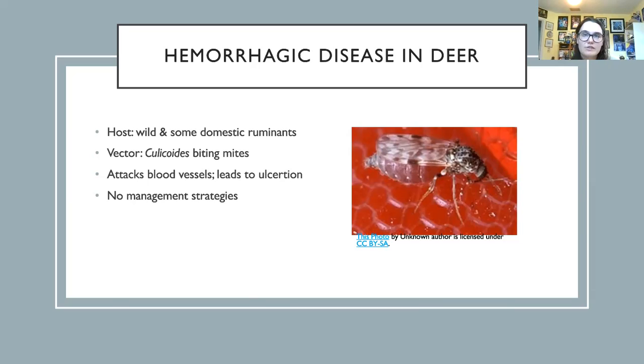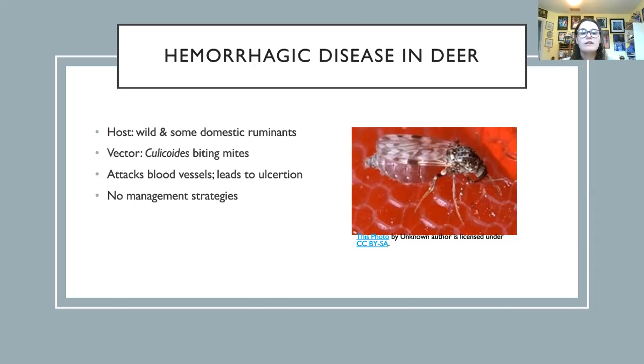And this has a seasonal peak as well. As the temperatures warm, we get more of those biting midges, and that's where we see this disease spike in the deer population. It also depends on the region as well.